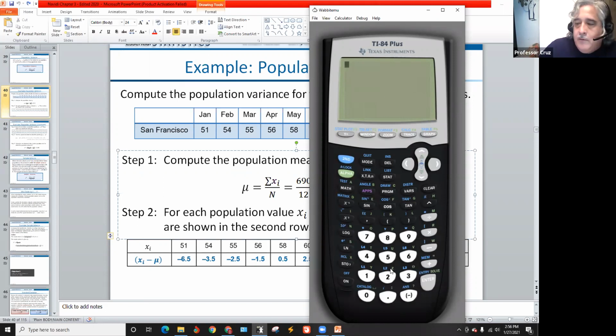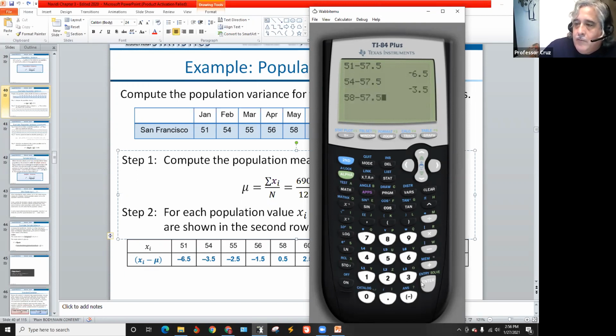Take 51. And then that's why you got negative 6.5 there. 54, negative 3.5. You're going to have some of these negative and some are positive. So for someone like 58, since it's larger than the mean, it's 0.5.